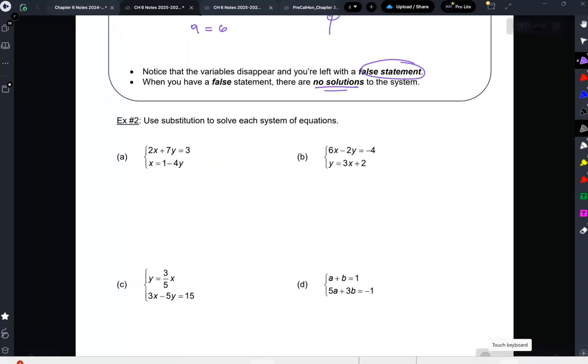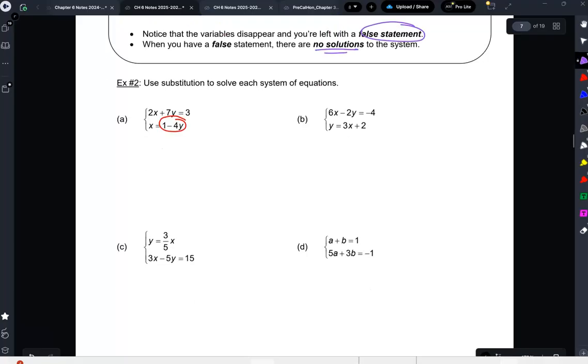So here, look, I have x solved for me. And so I'm going to plug it into this one. So 2 times 1 minus 4y plus 7y is equal to 3.